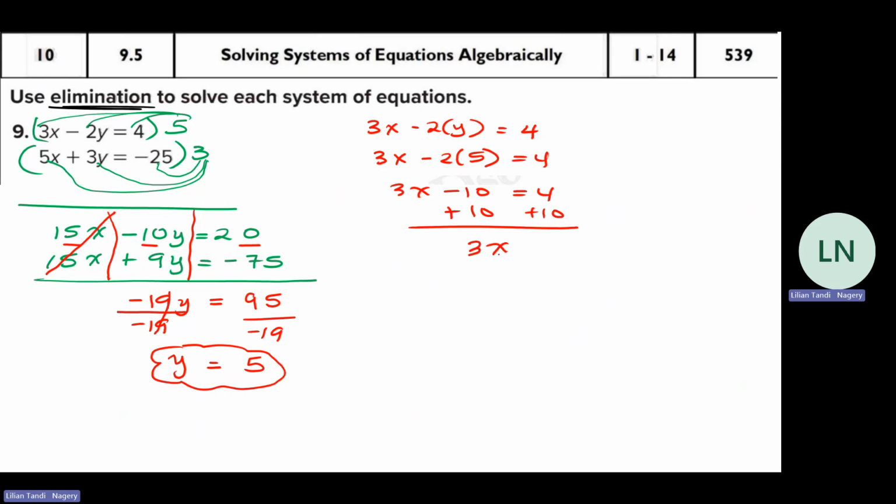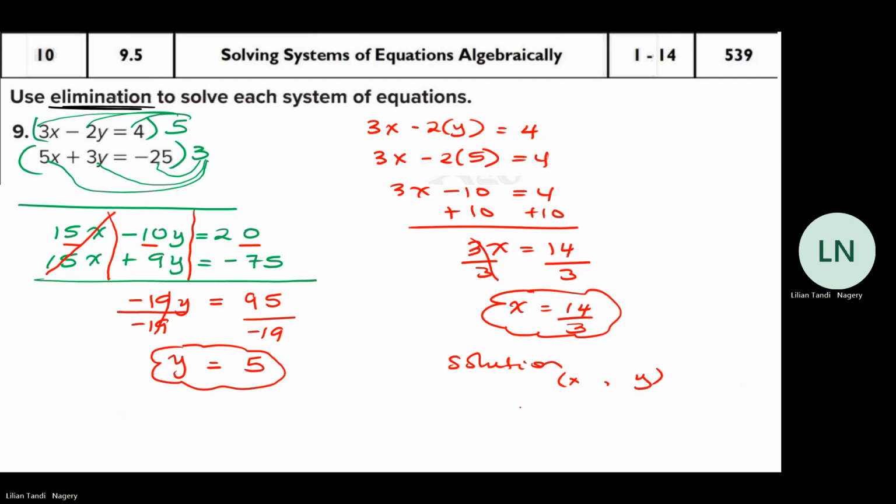So 3x equals to 14, divide by 3, divide by 3. X is 14 over 3. Okay, then you write your solution. Solution, and you start with x, then y. So that becomes 14 thirds, 5. Box your answer.